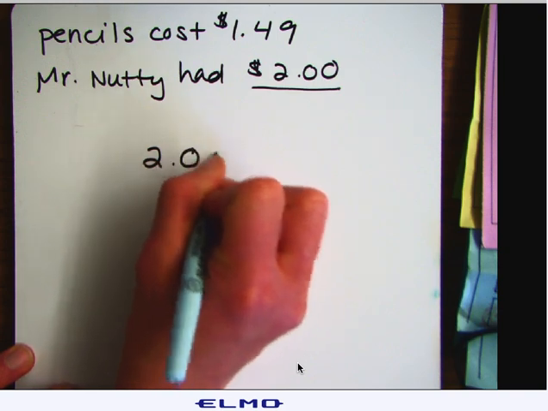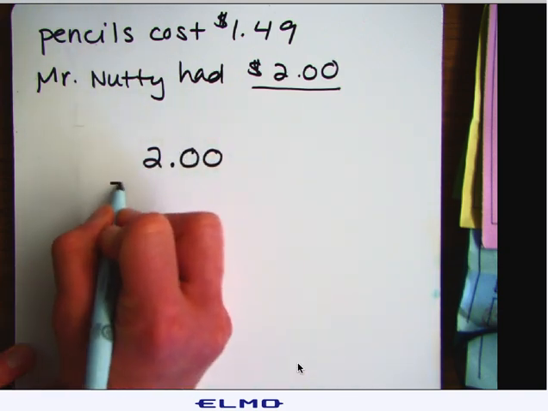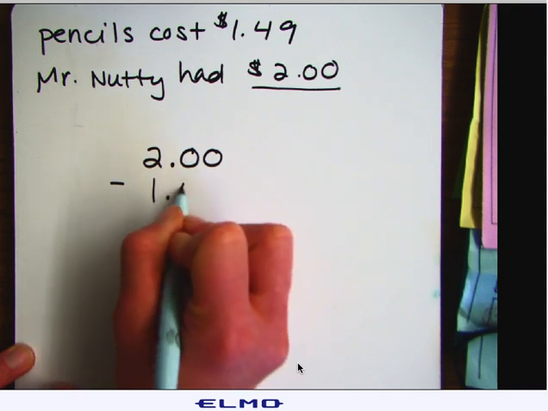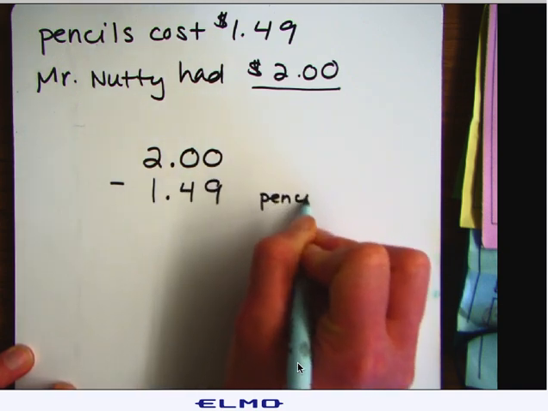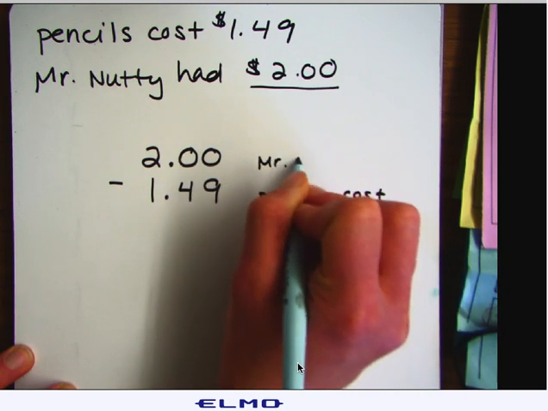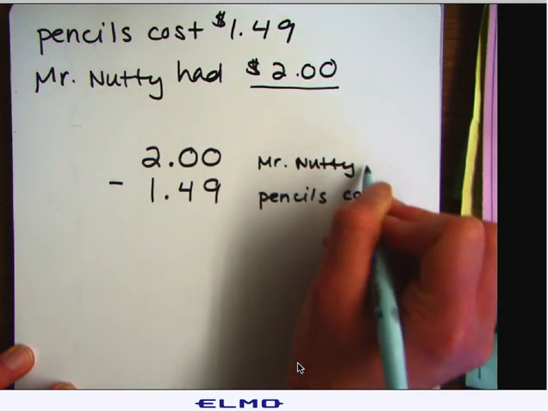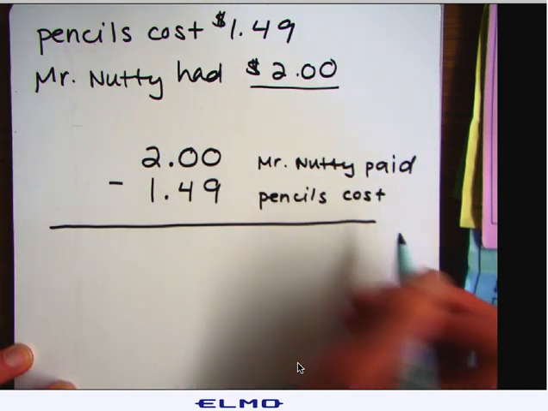So I'm going to write $2. I have a little decimal point there too. Minus $1.49, what the pencils cost. Okay, so I'm going to subtract this, and you can do this along with me too.